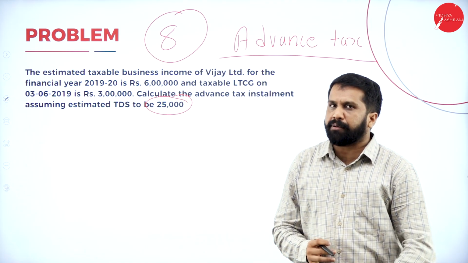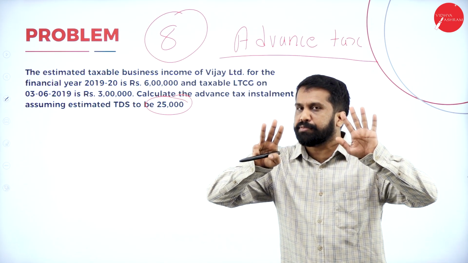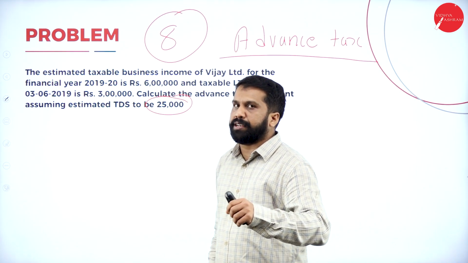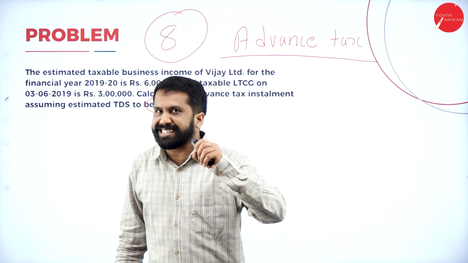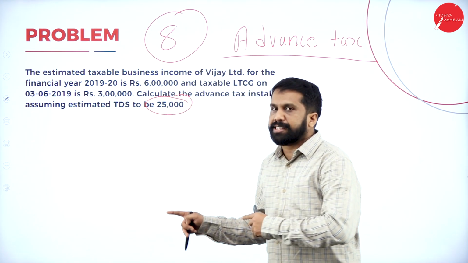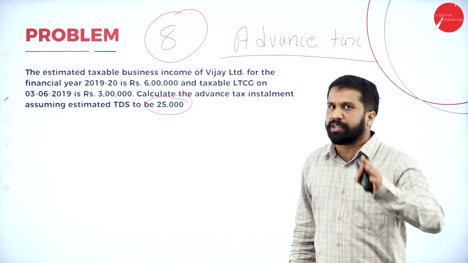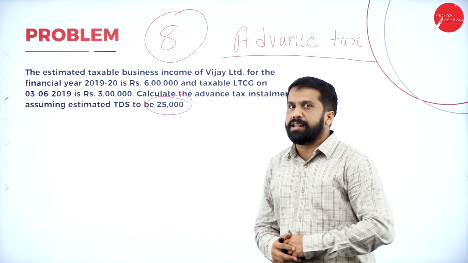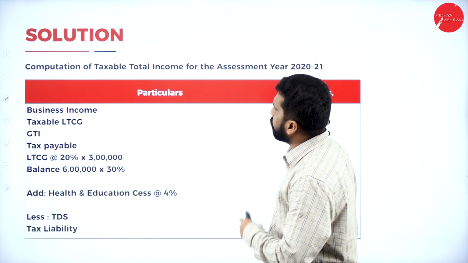Good. We have completed all 8 types of problems in your question paper. Before you go to the examination, if you have not studied even a single problem from your notes, this class is 100% sufficient to score 80 marks. Excluding theory, I am telling, theory you are supposed to work out.